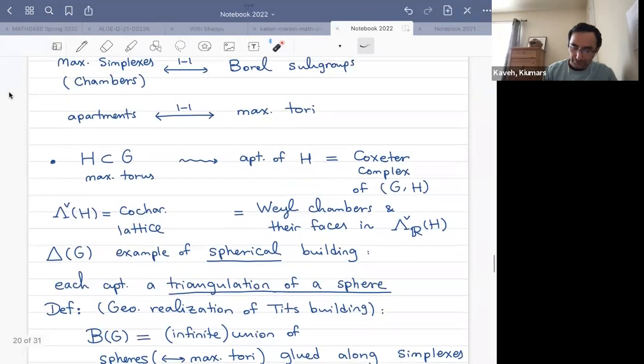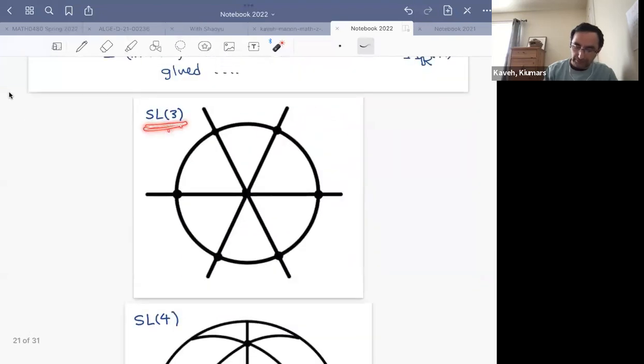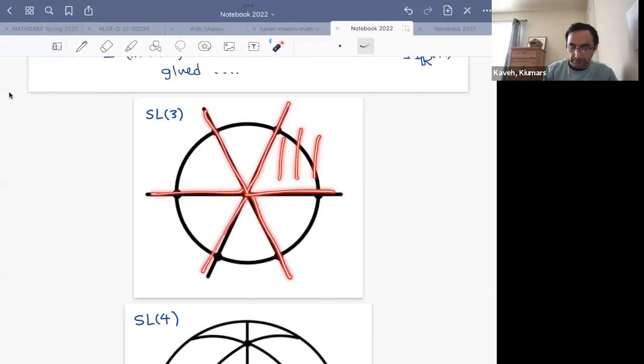And so how to think about it? Each apartment associated to H is the Coxeter complex of this group and the torus, which means, this is an example of SL3. You look at the Weyl chambers in the cocharacter lattice of the torus. You have these Weyl chambers, and each Weyl chamber represents one maximal simplex.